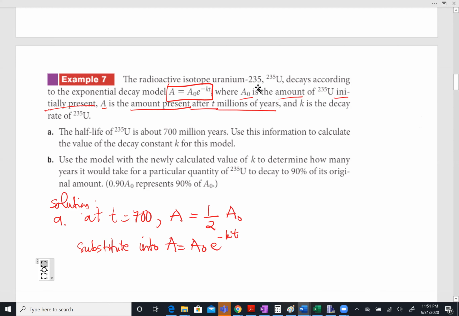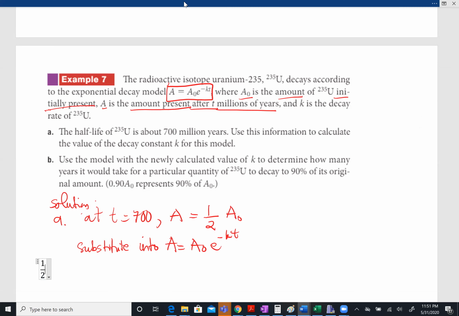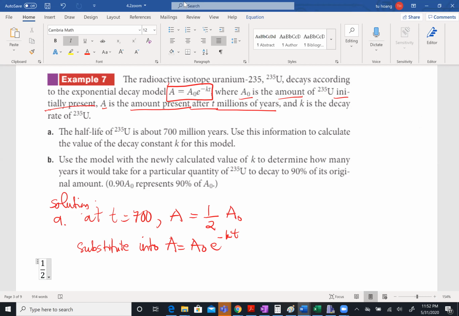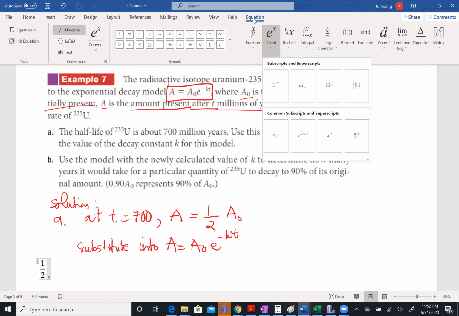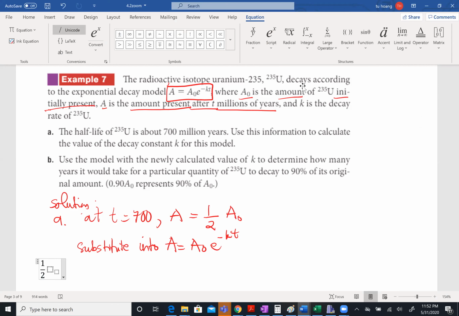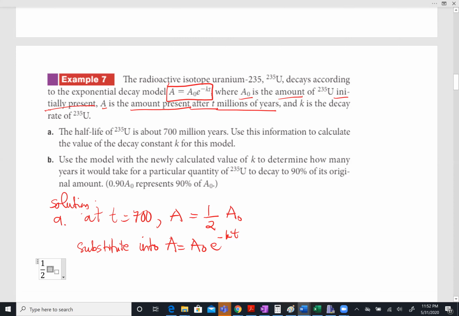So 1/2 A0 equal to another A0. Copy this.